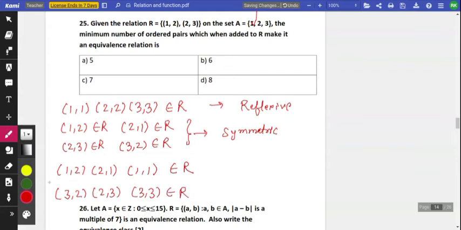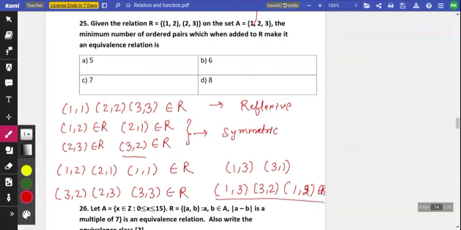So to make the relation transitive, you only have to add 1 comma 3 and 3 comma 1, because if 1 comma 3 and 3 comma 2 belong to relation R, then 1 comma 2 also belongs to relation R, and then the relation will become transitive.